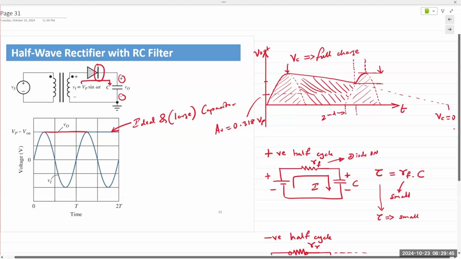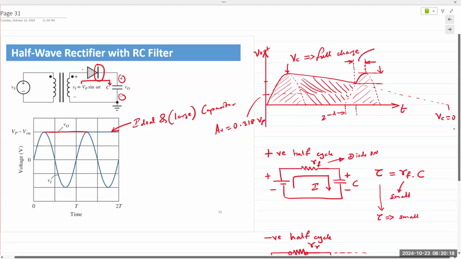The cathode of the diode is not at 0 volts. Does everyone see that? The cathode of the diode is held at a higher potential because the capacitor is supplying that energy. So the diode is not on, not yet. It turns on when the V in exceeds, meaning the voltage at the anode exceeds the stored energy of the capacitor. The diode turns on at this point right here.